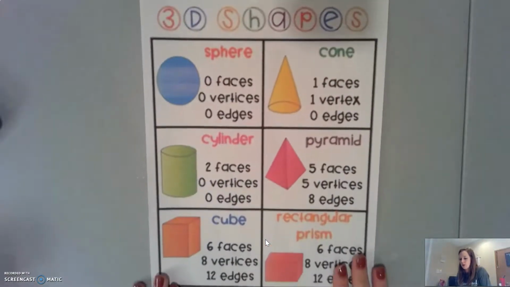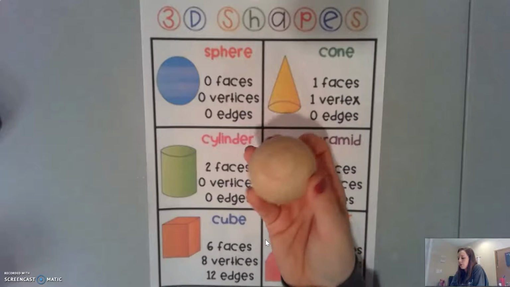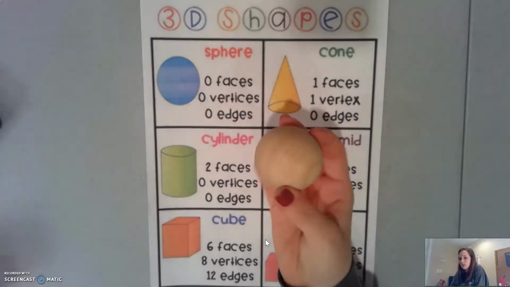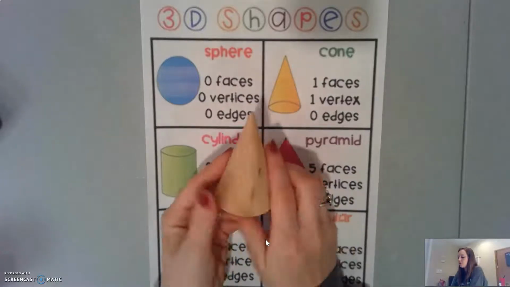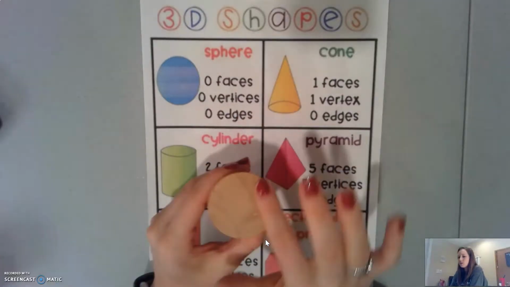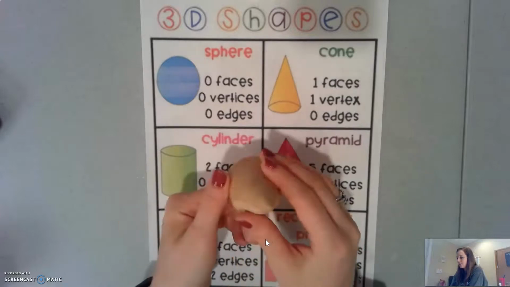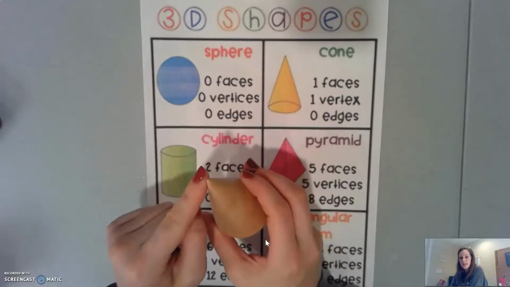So let's just review all the 3D shapes that we just talked about. We have a sphere with no faces, edges, or vertices, just a ball. We have a cone with just 1 circular face and 1 vertex.